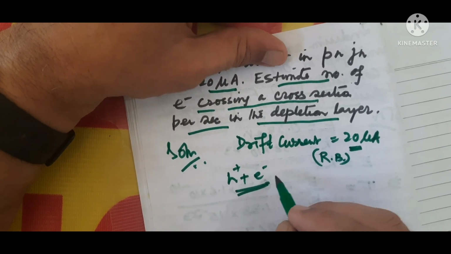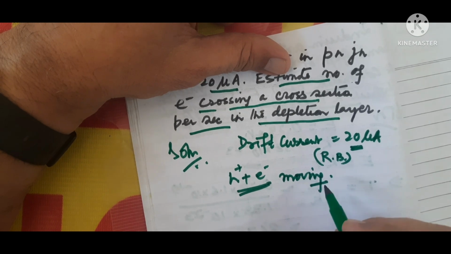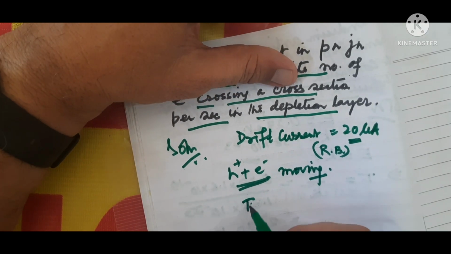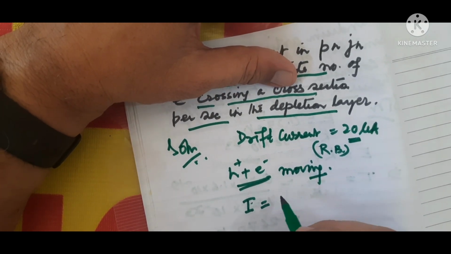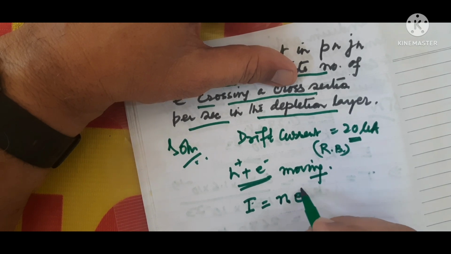These holes and electrons are both the charge carriers. So we can write the current: current is equal to number of electrons into electronic charge.